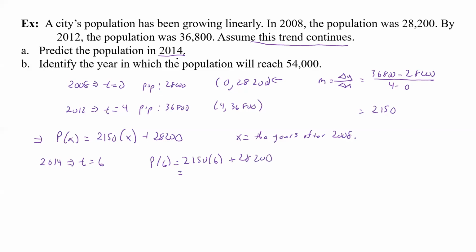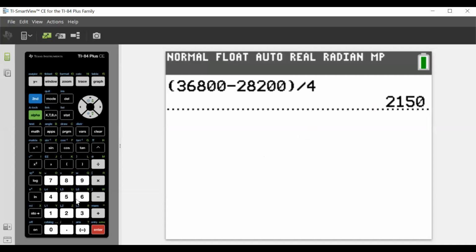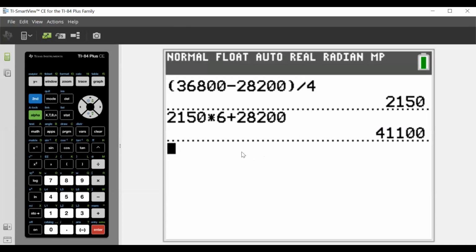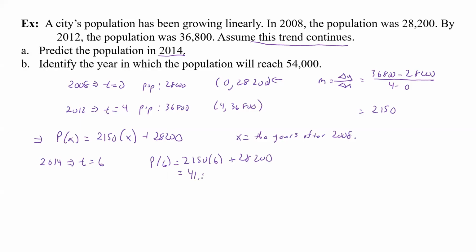Going to our calculator, 2150 times 6 years plus 28,200 gives us 41,100 people in 2014. Again, this is assuming that trend continues past 2012.